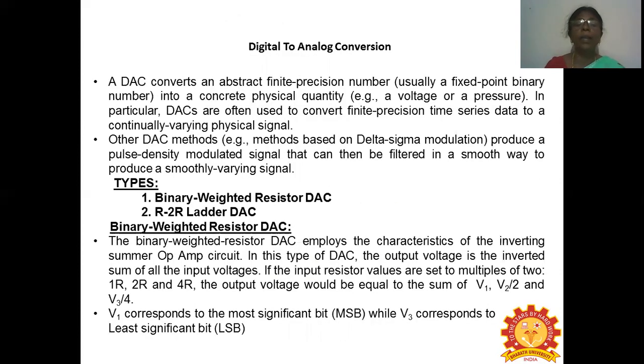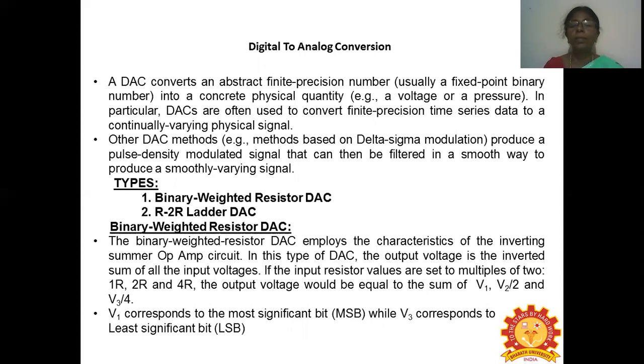So, this binary weighted resistor digital to analog converter employs the characteristics of the inverting summer operational amplifier circuit. In this type of digital to analog conversion, the output voltage is nothing but the inverted sum of all the applied voltages at the inverting terminal of the circuit.